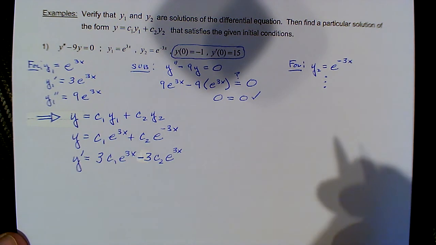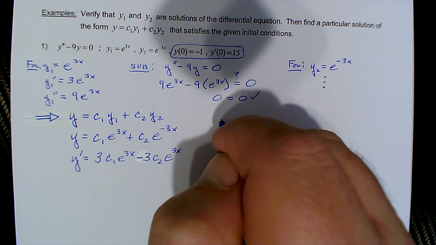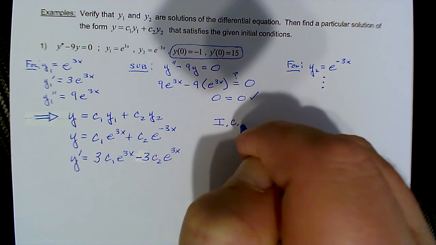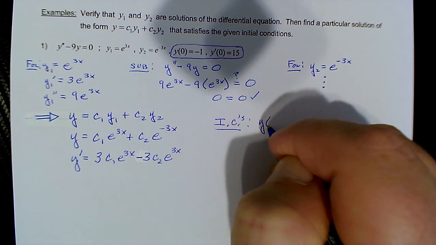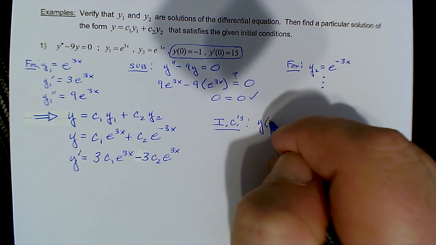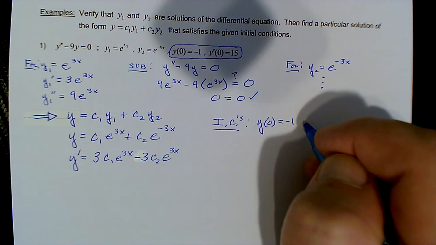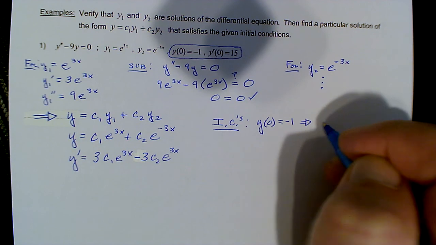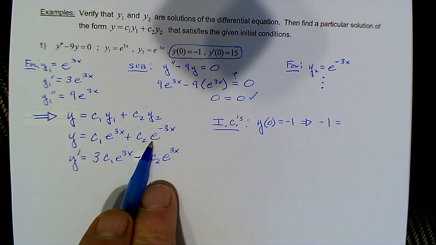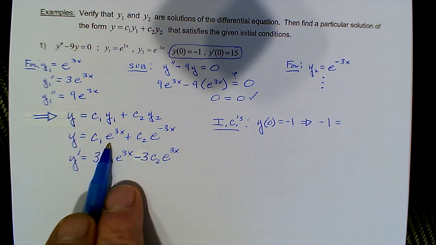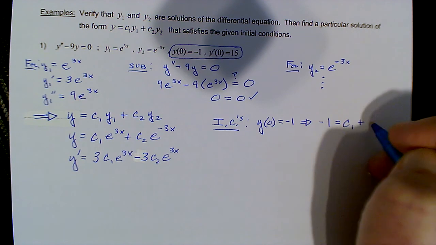Alright, so now for the particular solution, we use the initial conditions. The first initial condition was that y of 0 is negative 1. So then negative 1 equals, substituting into y here, c1 e to the 0, so just c1, plus c2 e to the 0, or just c2.